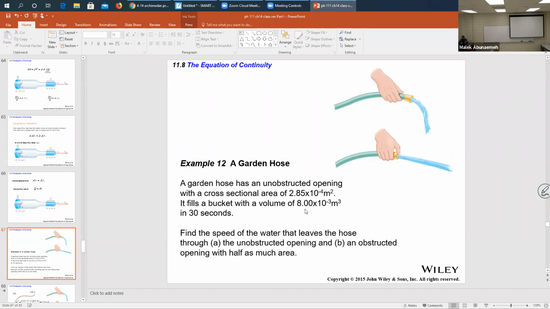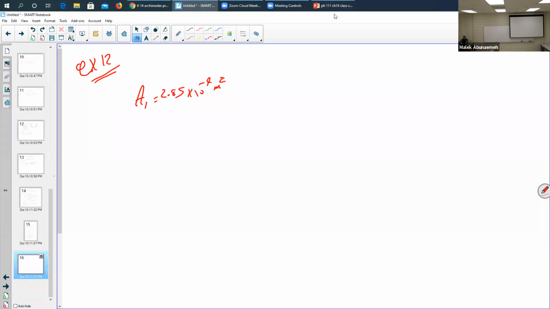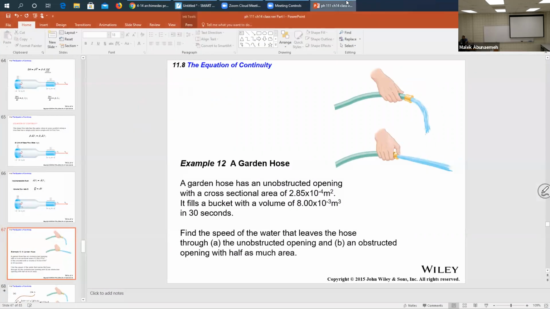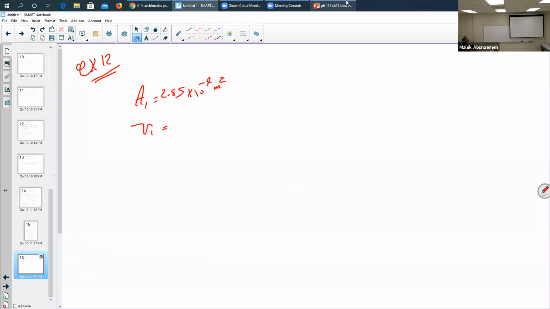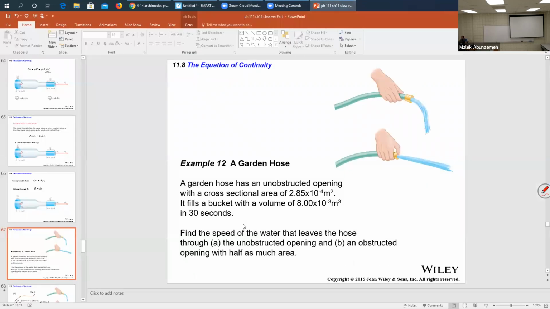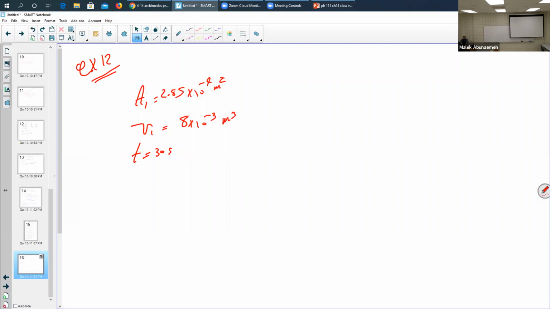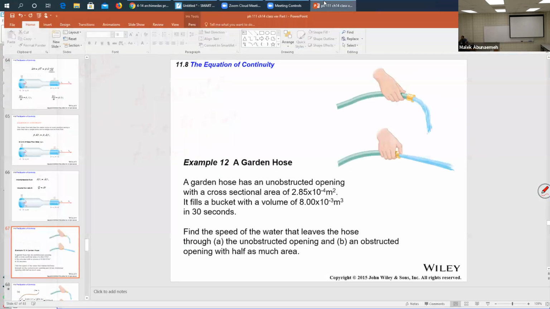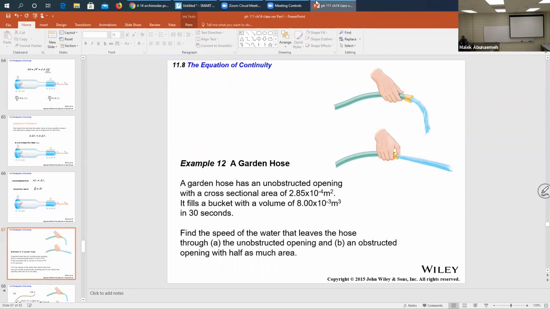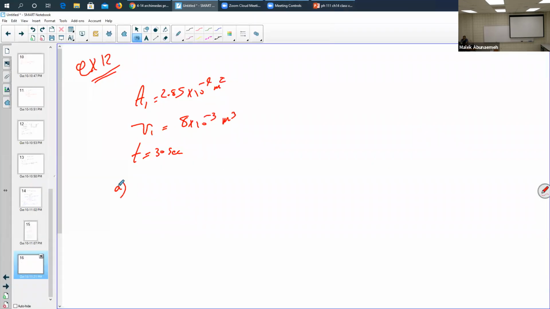We have a volume of 8 times 10 to the negative 3 meters cubed. We have the time, which is 30 seconds, t equals 30 seconds. So find the speed in the unobstructed opening. That's part A.